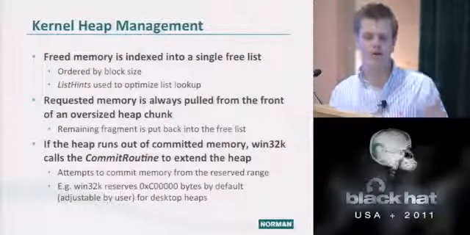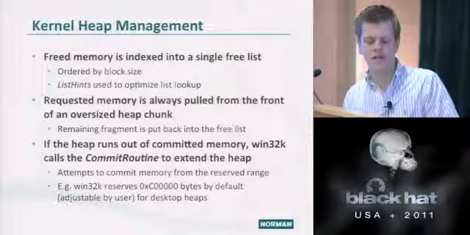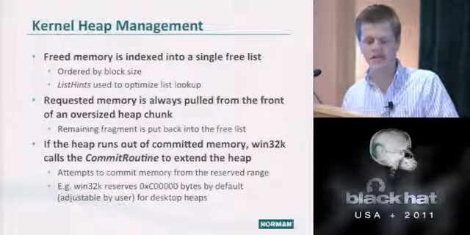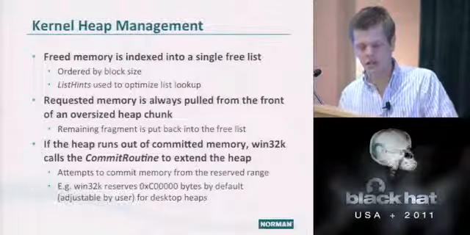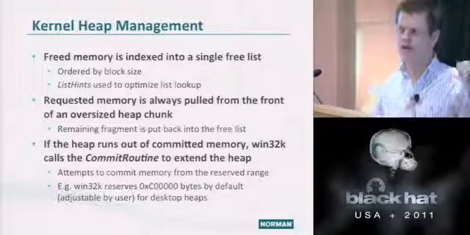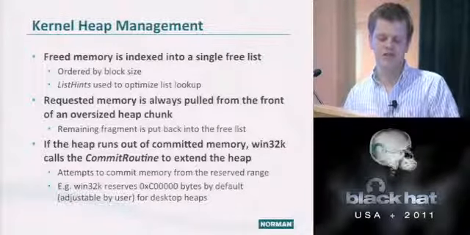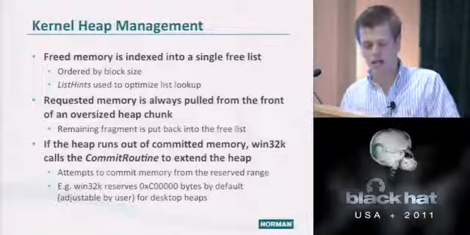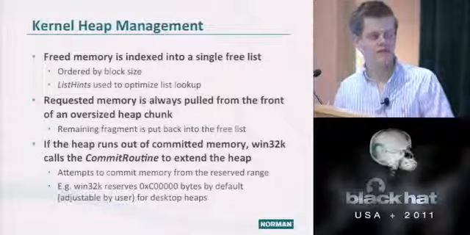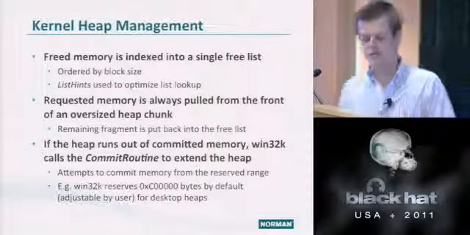All the freed memory is indexed into a single free list. It's ordered by block size, meaning it has a granularity of 8 or 16 bytes, depending on the architecture. They use list hints to optimize list lookup, since you store all the entries in the same array and so you need some additional structures to speed up the lookup. The requested memory is always pulled from the front of the oversized heap chunk, while the remaining fragment is put back into the free list.